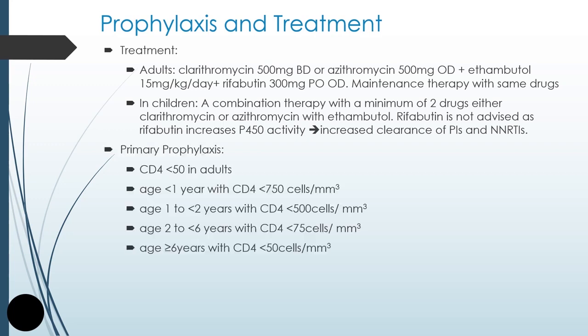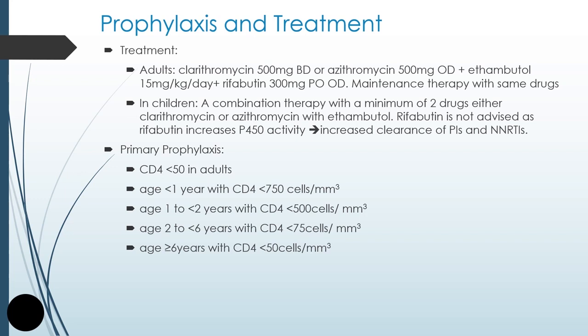Now, primary prophylaxis in adults is recommended when the CD4 count is less than 50, and in children, an age-based cutoff of CD4 count is used to start the prophylaxis. For children less than 1 year of age, the CD4 count cutoff is less than 750.